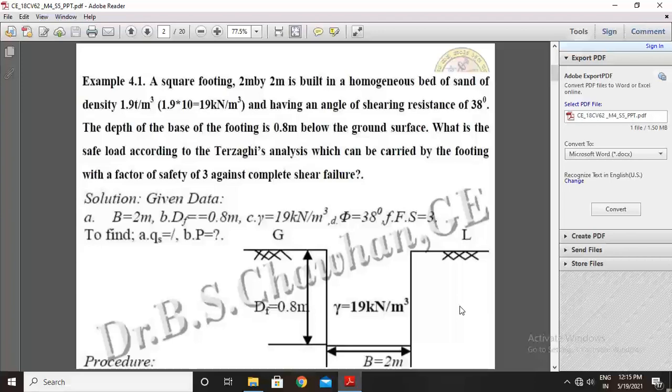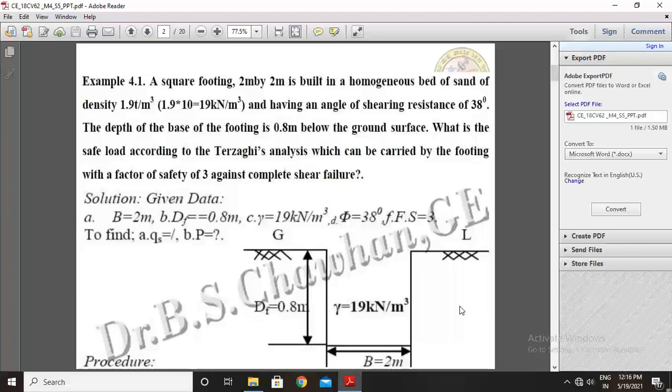First, a square footing 2 meter by 2 meter is built in a homogeneous bed of sand of density 1.9 ton per cubic meter and having an angle of shearing resistance of 38 degrees. The depth of the base of the footing is 0.8 meter below the ground surface.